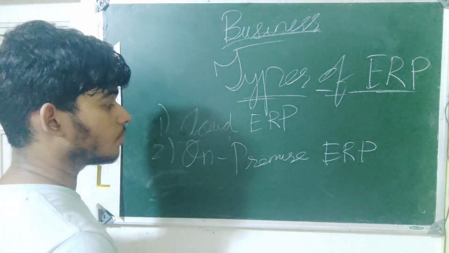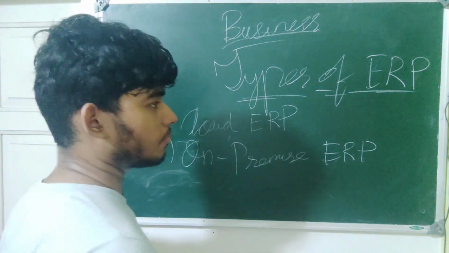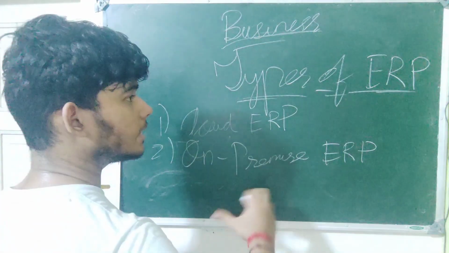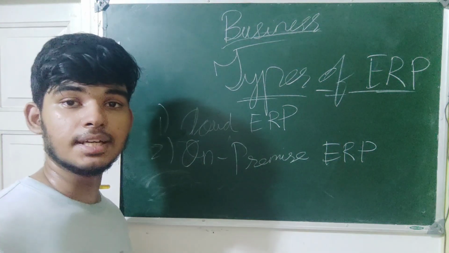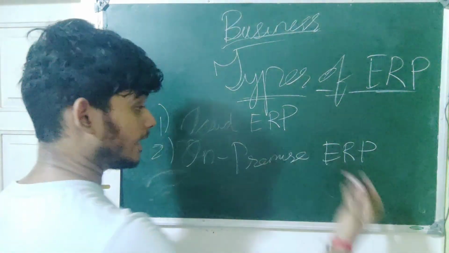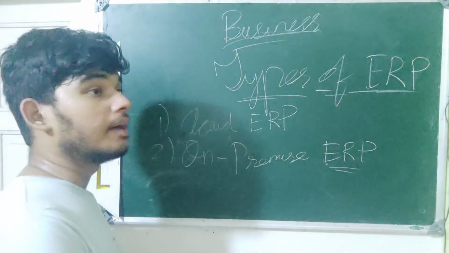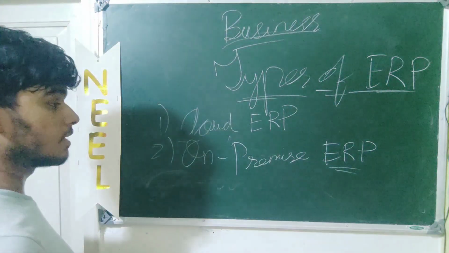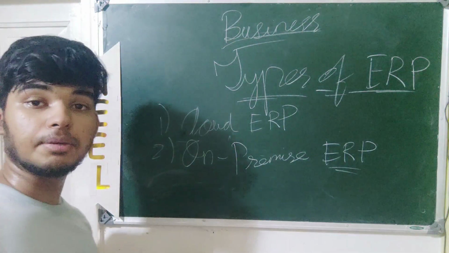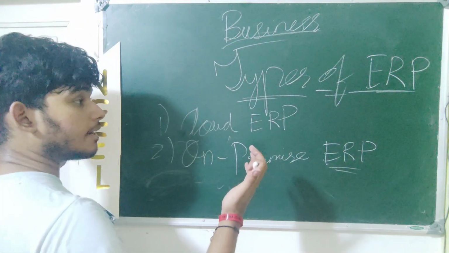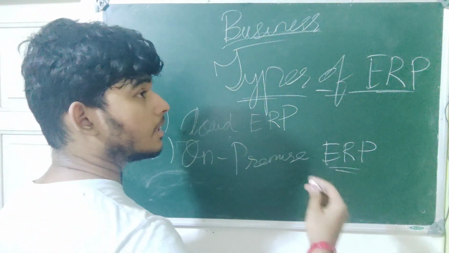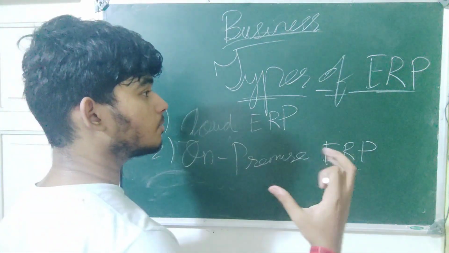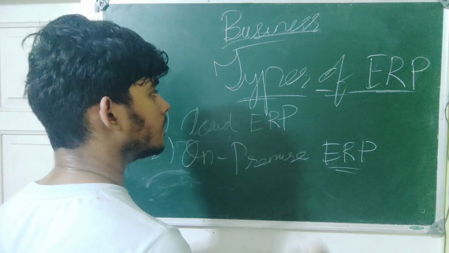It's offline. So the maintenance, security checks, and the ERP itself have to be taken care of by the employees working in the company. So that is on-premise ERP, where people in the company are trying to maintain that ERP.